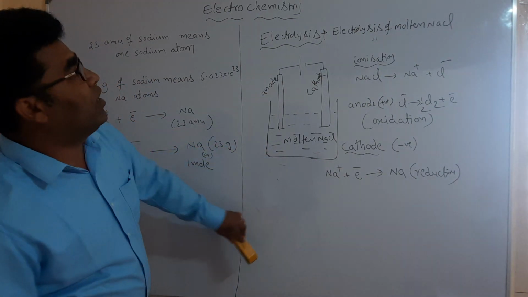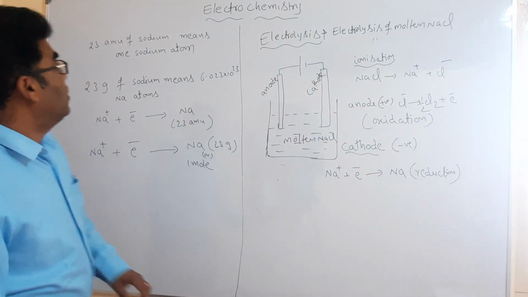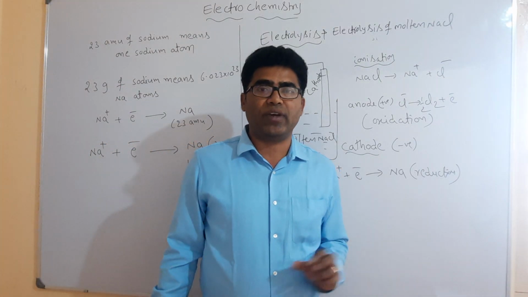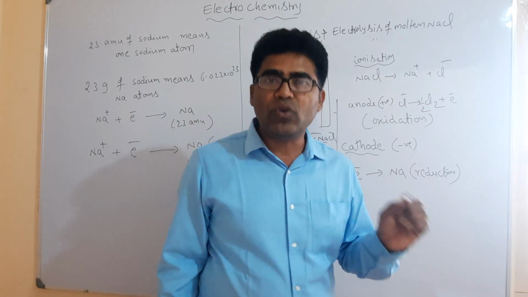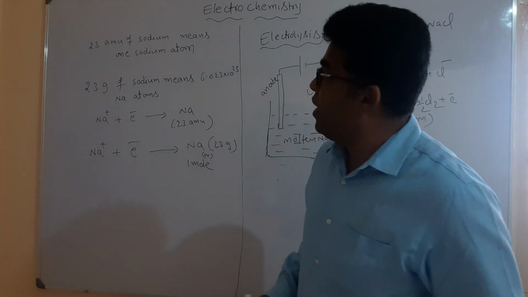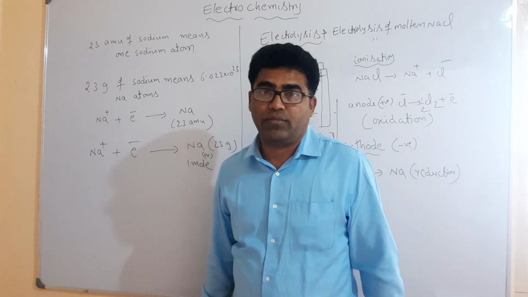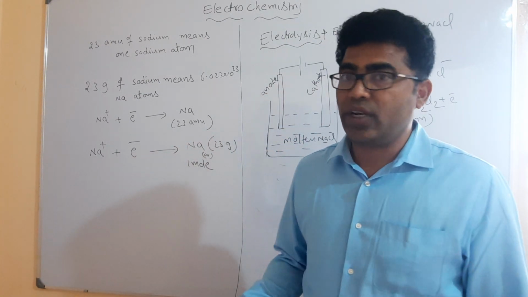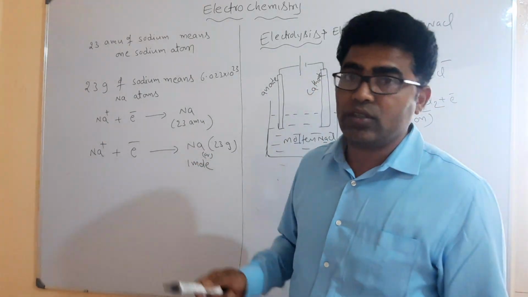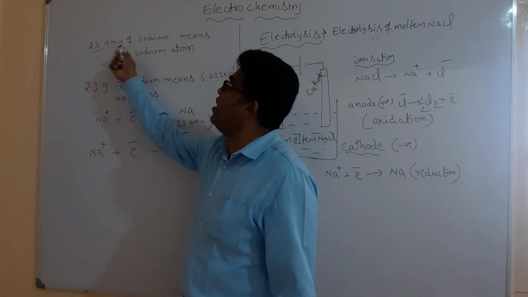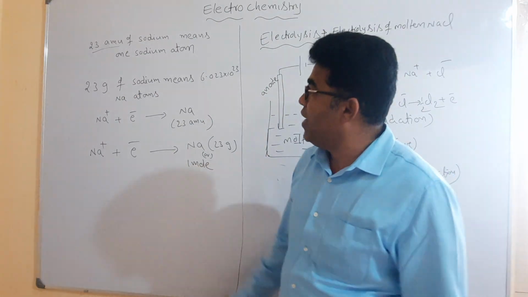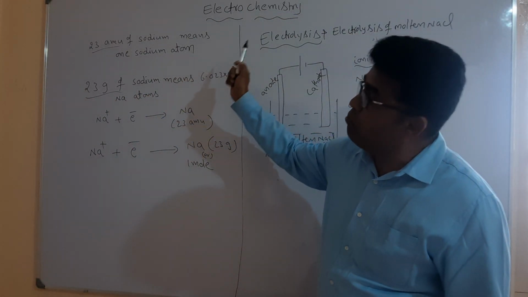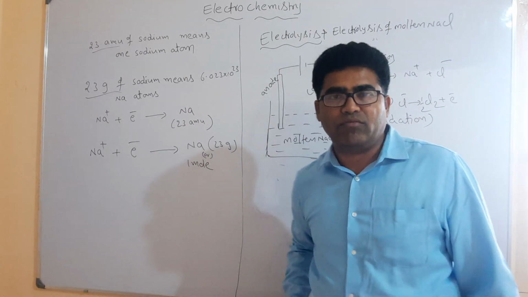Before going to the lesson, let us try to understand the difference between 23 AMU of sodium and 23 gram of sodium. You know sodium's atomic weight is 23. 23 AMU of sodium means one sodium atom.